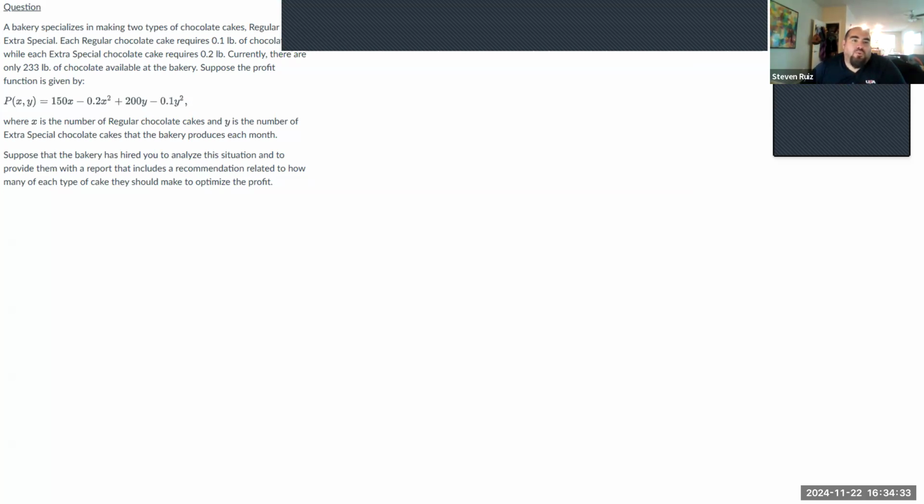So basically we have a constrained optimization problem we're solving here. P is the thing that we're trying to optimize. What we're not given here is the constraint. So if we read through the description, the bakery specializes in making two types of cakes, regular and extra special.